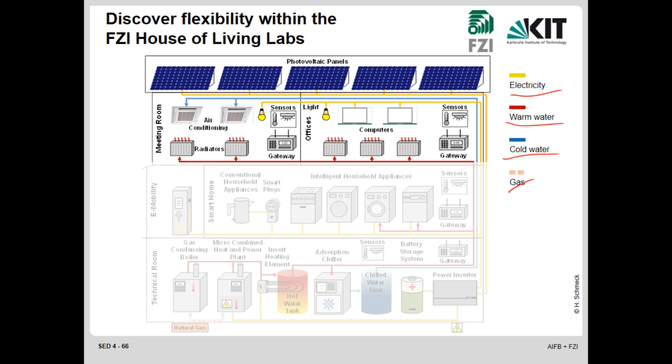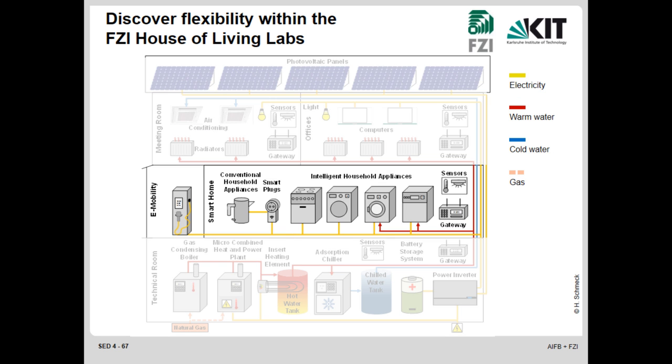And here in the top scenario, what we see is we have a meeting room, we have offices, and there we have radiators, we have computers, we have air conditioning, certain sensors on air quality, carbon dioxide concentration, and things like that. And all this can be used in some observation and management scenario for that building.